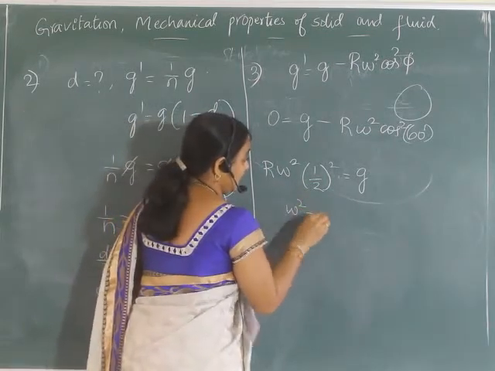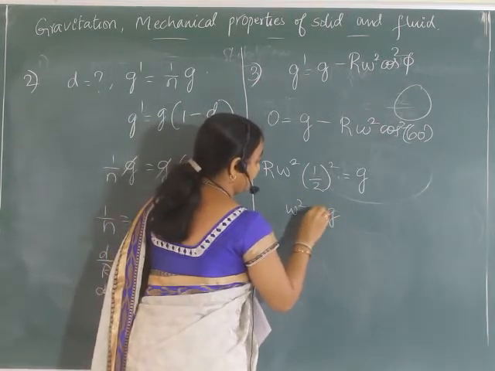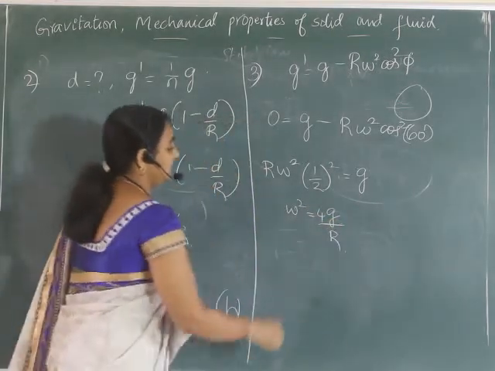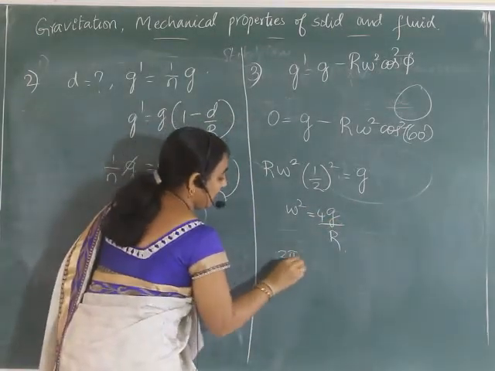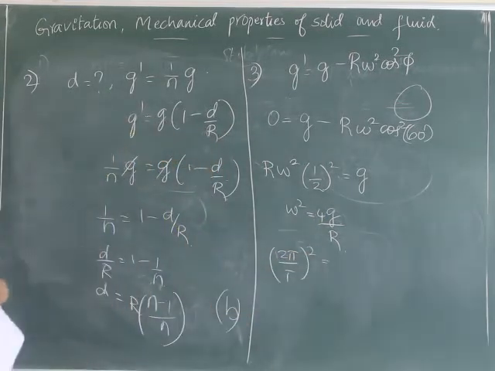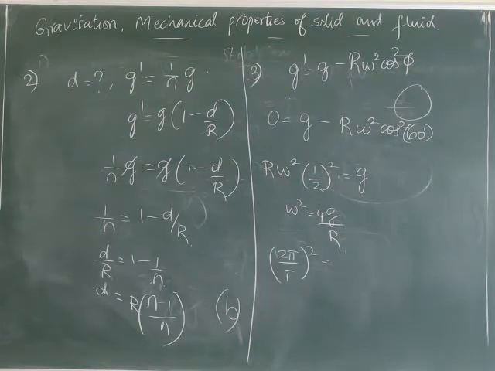Omega square is equal to 4G by R. Omega is nothing but 2 pi by T, the whole square is equal to 4G by R. So what is the answer? 4G by R means what can you say? Can you help me? Yes, try to solve.